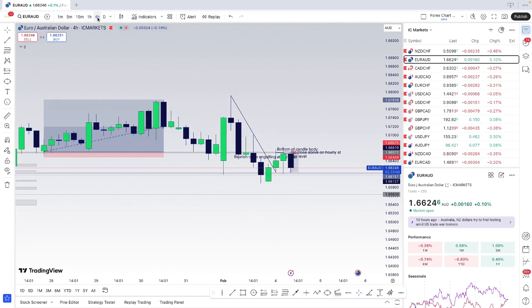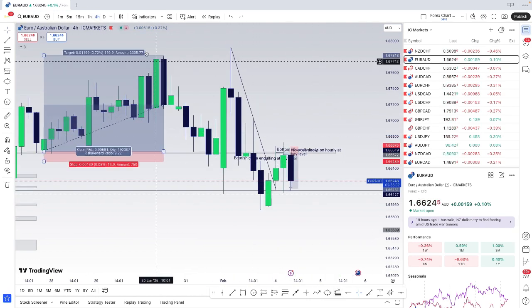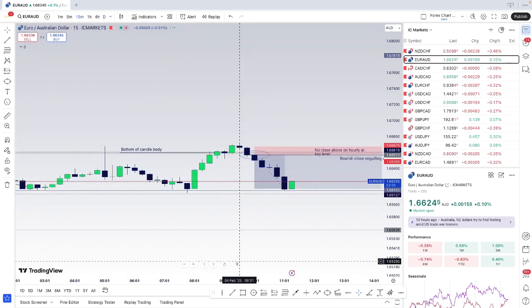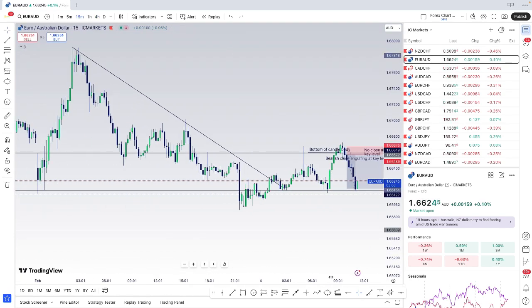Now we're going to move to what's happening currently, on the 15-minute time frame. We had this bullish move to the upside on this pair, and then it's been trending downwards afterwards, following a little bit of consolidation.